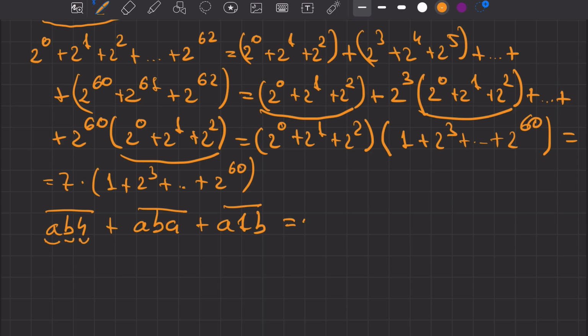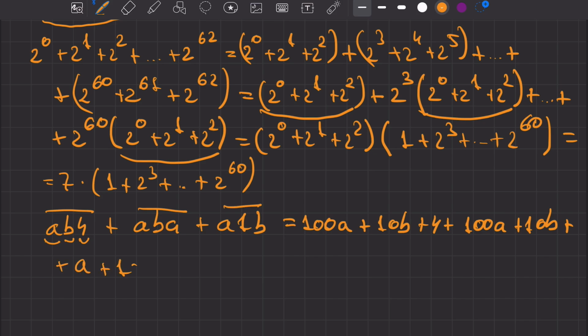So we can have 100A plus 10B plus 4 plus 100A plus 10B plus A plus 100A plus 10, it's 1 multiplied by 10, so we have 10, plus B.